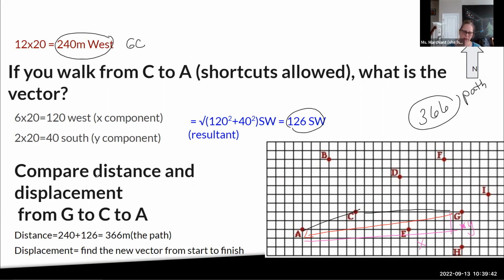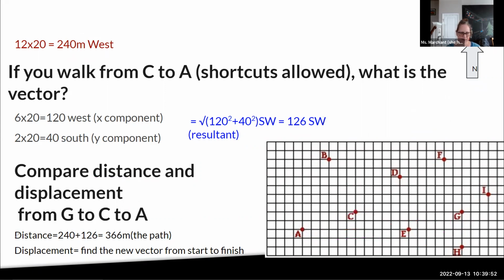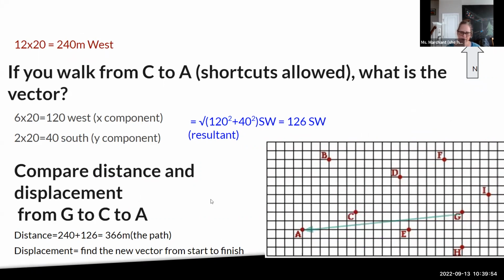But when you are doing the distance from G to C to A, you're doing that pathway right there. So if they just wanted the full vector from G to A, yep, you would be finding it that way.